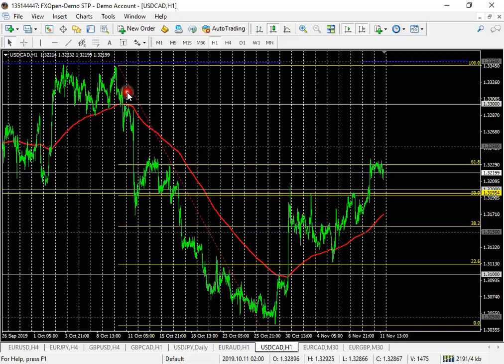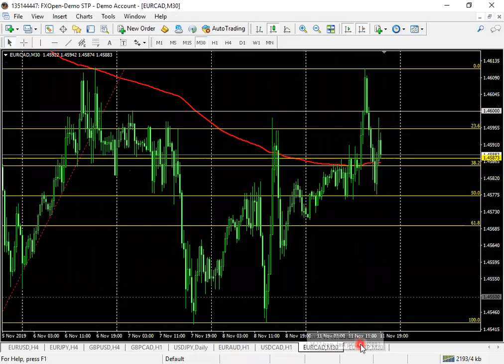So if we do get that extension to about 33.50, it gives us a 150 pip take profit and a 50 pip stop loss. So also a pretty decent looking risk reward ratio. And that's basically the USD CAD, guys. Just keep an eye on that one.